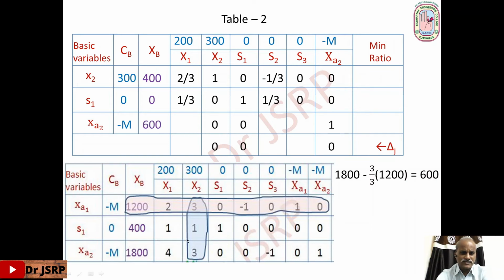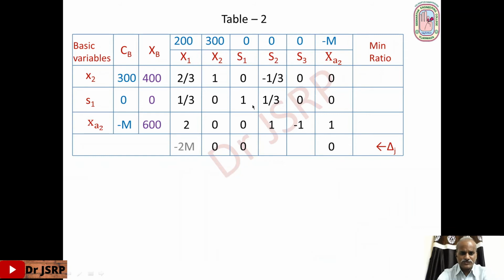Next, just replace 4 and 2: 4 minus 1 into 2, 4 minus 2, 2. For s1, replace 0 and minus 1: 0 minus 1 into minus 1, plus 1. For the next column, replace minus 1, 0: minus 1 minus 1 into 0, that is minus 1. Okay, so this is the new table.